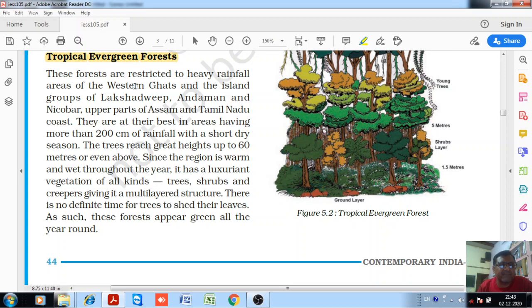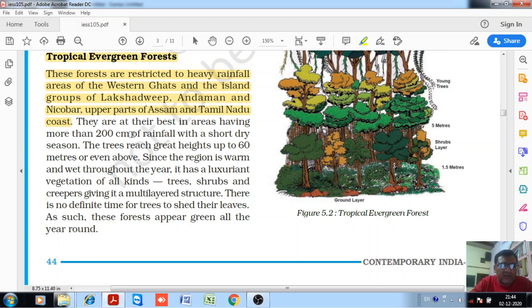So tropical evergreen forests are restricted to heavy rainfall areas of the Western Ghats and island groups of the Lakshadweep, Andaman and Nicobar, upper parts of Assam and Tamil Nadu coast. In the previous video we have gone through some factors behind that, so you have to relate those factors behind these reasons.